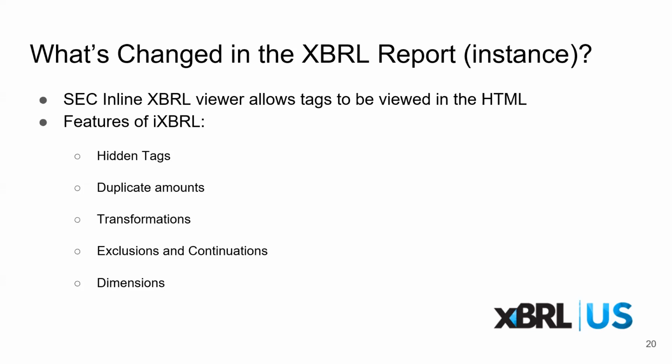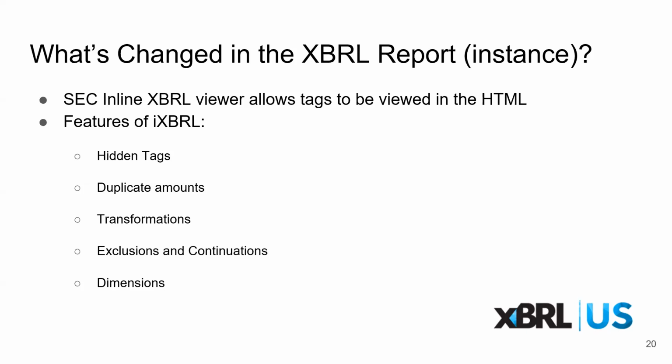Transformations. These are new format attributes that connect the transformation of a fact from the human readable format to machine readable format. In the EFM, there is a new rule introducing transformation registries. Exclusions and continuations. These are new elements used in the iXBRL document to help ensure XBRL text blocks contain the correct and relevant content from the HTML document.